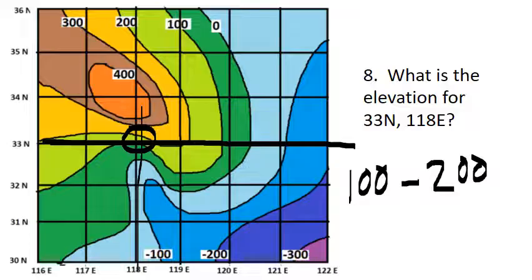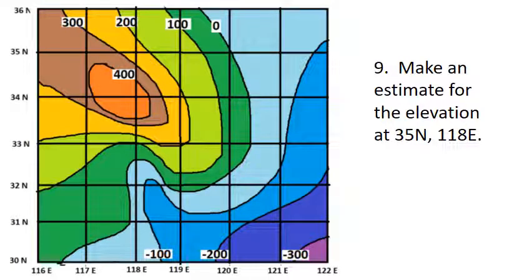Now, we don't know what the exact elevation of that point is. If you wanted to estimate and say it was exactly halfway between the 100, 200 lines, you could say it was 150, but all we know is that it's somewhere between 100 and 200. These physical maps don't necessarily give you an exact value, they just kind of give you an idea of what the elevation is.